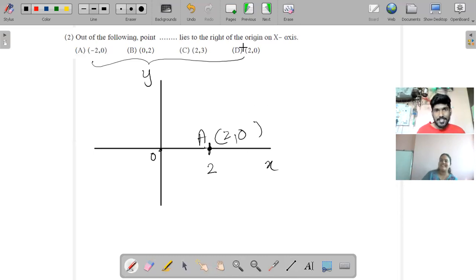Okay, D. They said which lies on the right side. So I thought 0, 2, something on the right side of 0. Okay, so it is the right side of the axis, not the right side of that number. The right side of that number is 2, so according to that it's correct, but the right side of the axis is 2, 0. Okay, so this is also done.